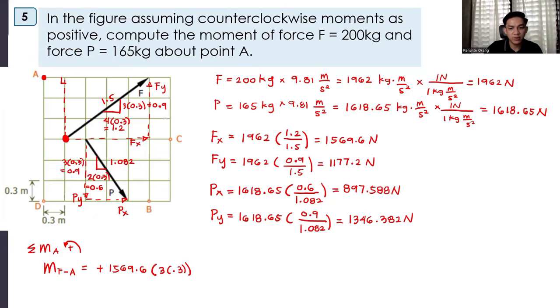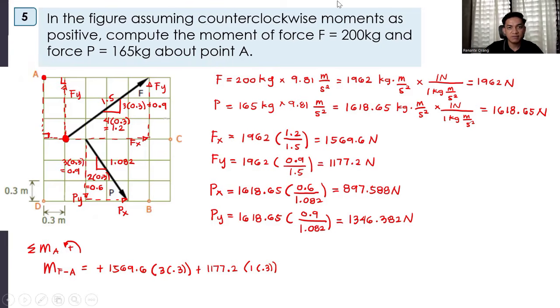Next is for our Fy. Let's see if it is positive or negative. The original position of Fy is here. This is our Fy. When we rotate it about point A, it is counterclockwise, so this is also positive 1177.2. Let's look at its lever arm. This is our perpendicular distance, that is 1, so 1 multiplied by 0.3.